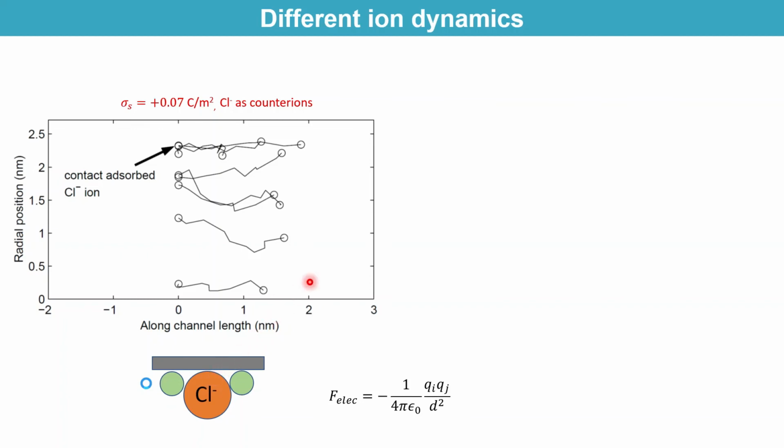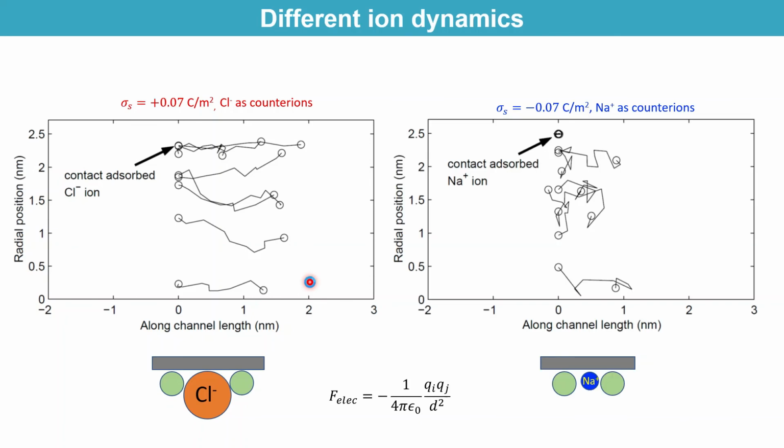Now the situation is very different when we go to a negatively charged surface. In this case, again, we plotted the trajectory of sodium ion. What we see here is that these sodium ions are contact adsorbed on the carbon nanotube wall. We see they have essentially no mobility. In other words, they are pinned to the surface.